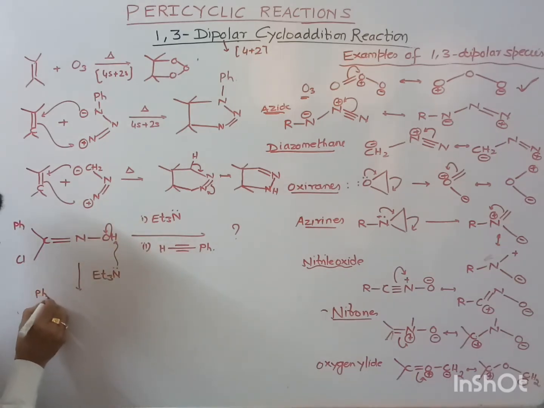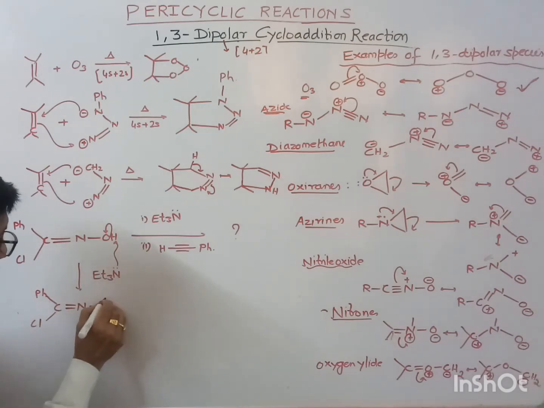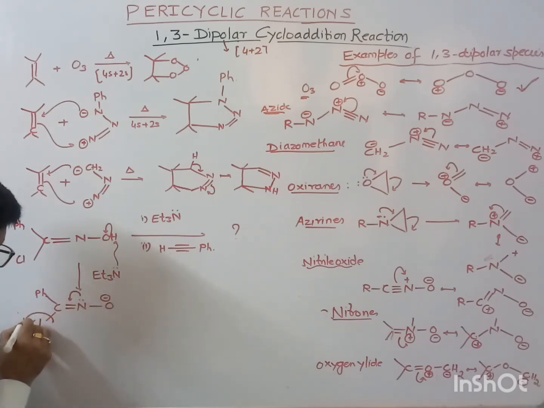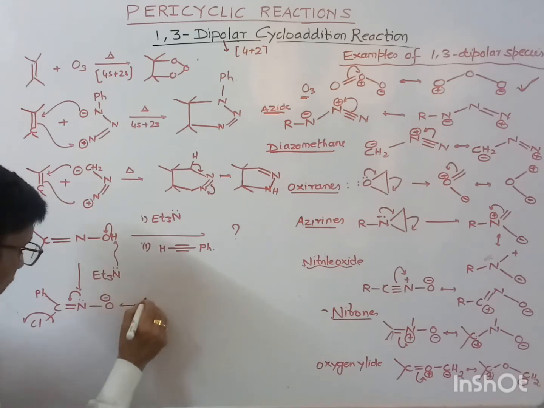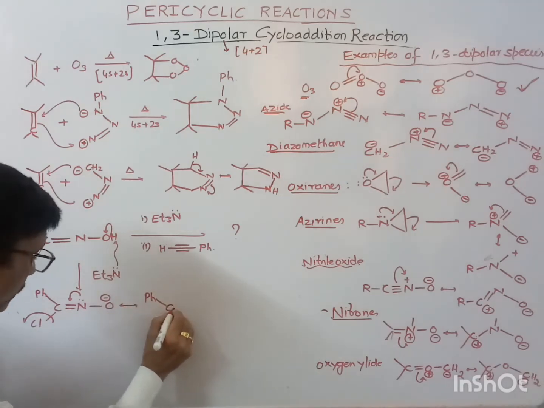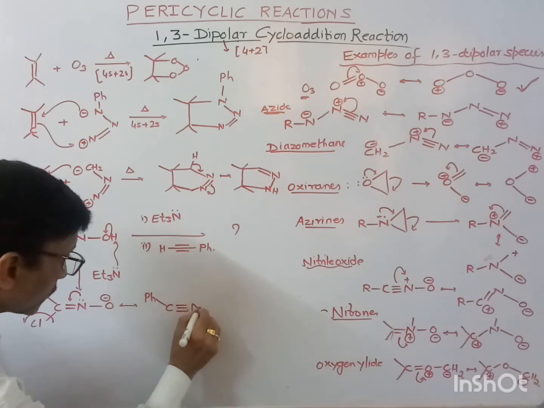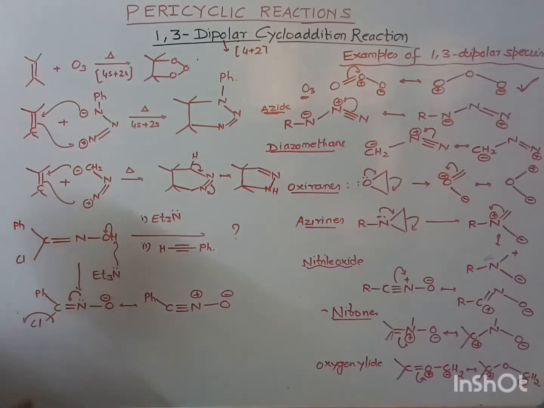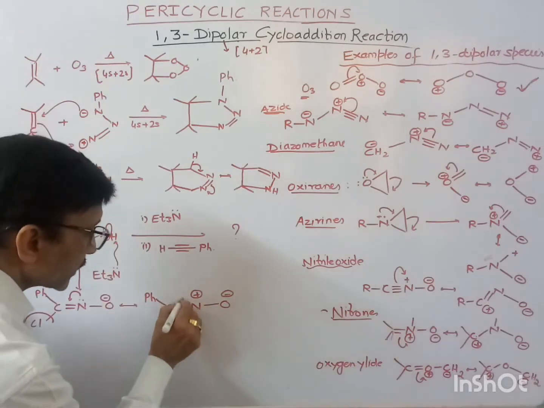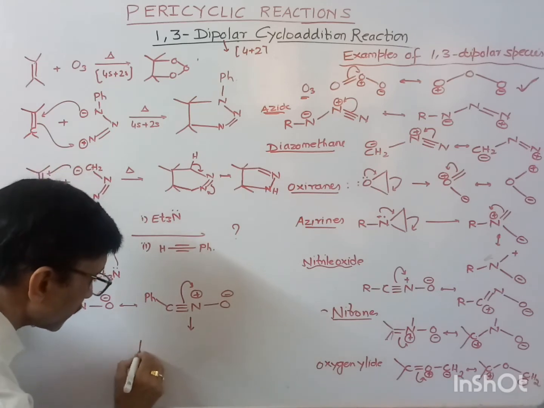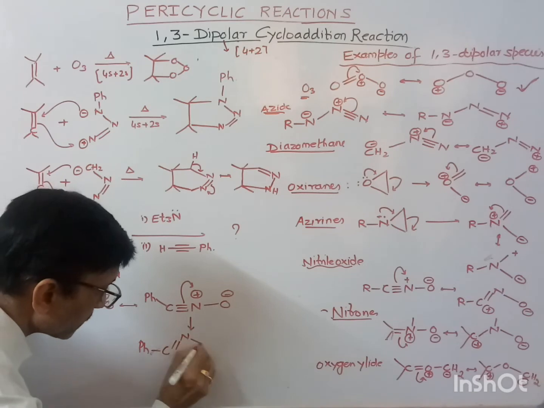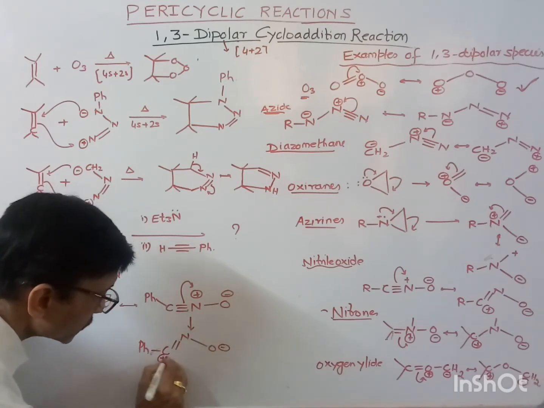In the next step, this chlorine may leave, giving a positive charge and a negative charge like this.